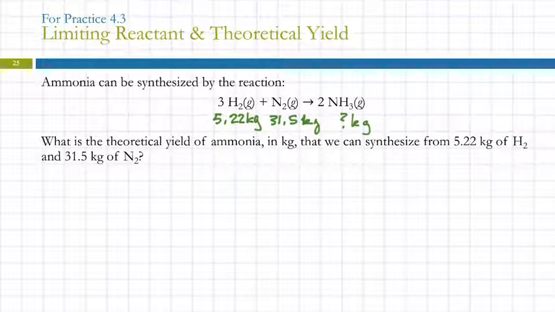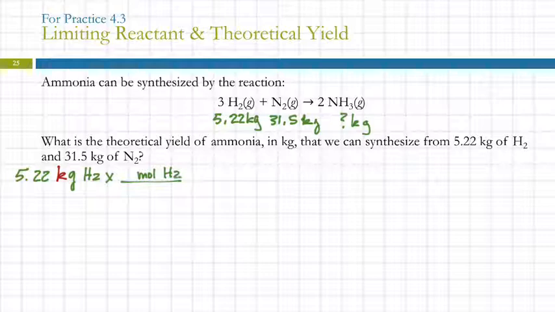Okay, so 5.22, there's our kilo that we're just going to let sit there, kilograms of hydrogen. So I want to go to moles of hydrogen, so moles of H2, and I'm going to divide by grams of H2 to cancel out the grams.